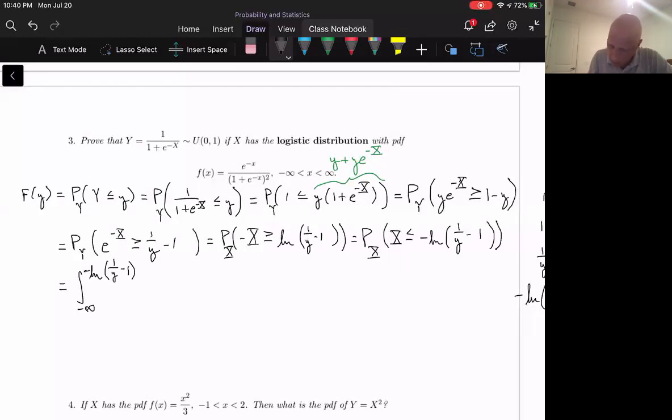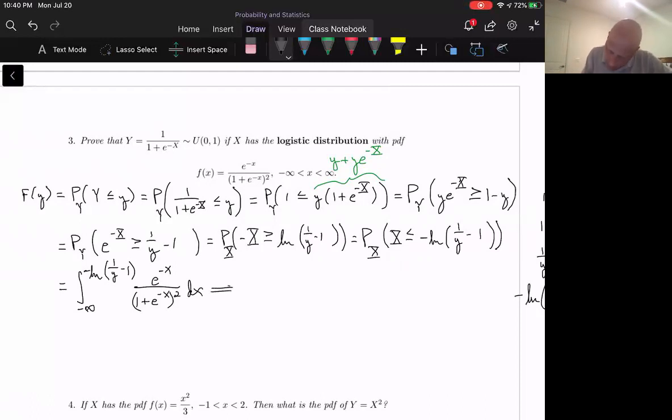And we are integrating the logistic distribution of e to the negative x over 1 plus e to the negative x squared. And we're going to apply the first fundamental theorem of calculus. So we're going to take the derivative of both parts.